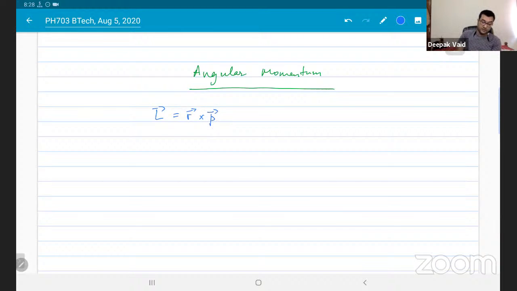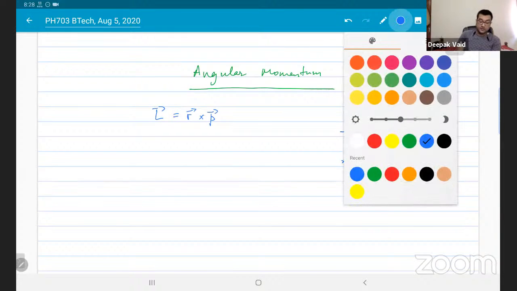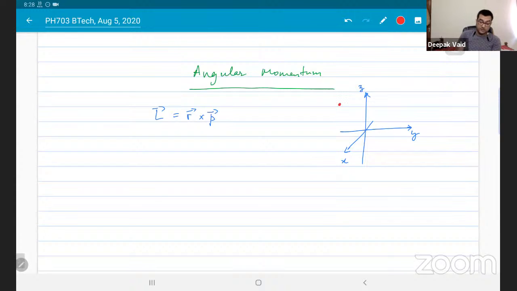So if I have a particle which is moving on some trajectory in x, y, z, and I ask what is the angular momentum of this particle with respect to the origin, or with respect to an observer at the origin, then angular momentum is given by this expression.